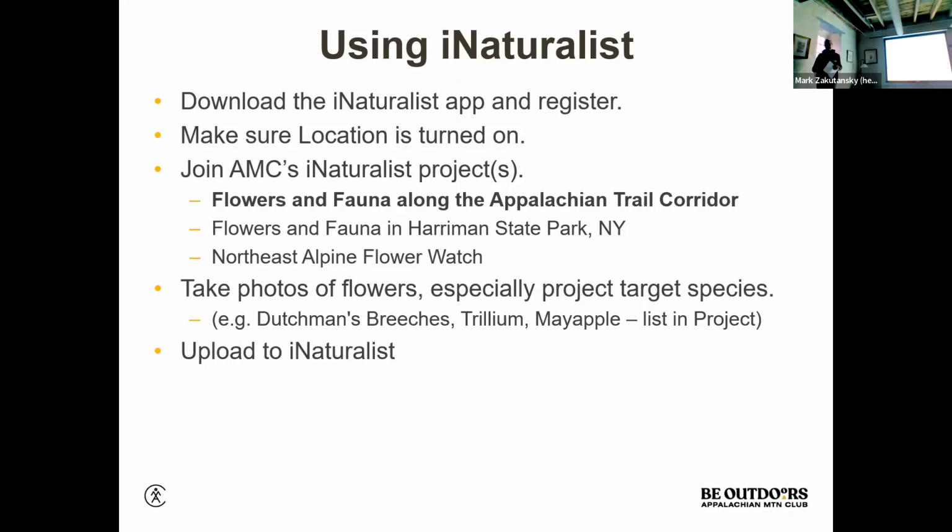The one we're most interested in is Flora and Fauna along the Appalachian Trail Corridor. But they're also interested in cataloging natural things in Harriman State Park. And there's another one, the Northeast Flower Watch. Then when you've got that set up, you just go out, take photographs of pretty flowers and upload them to iNaturalist.